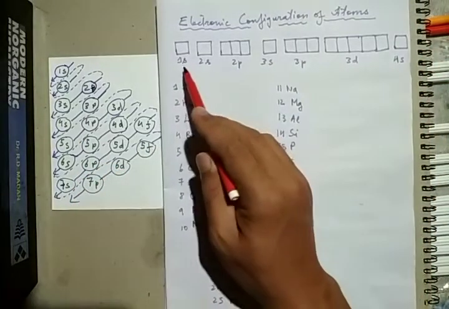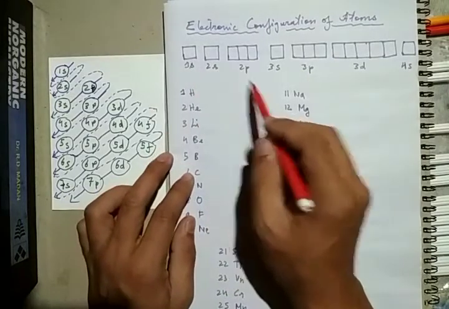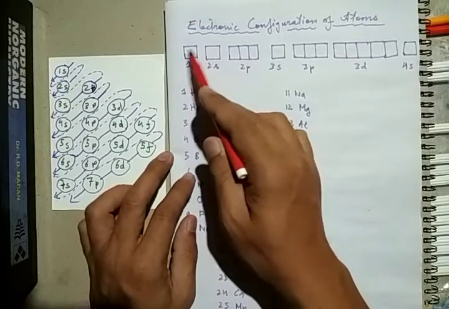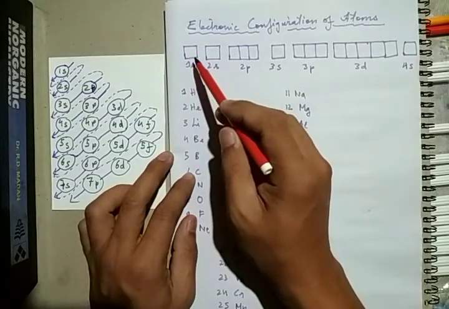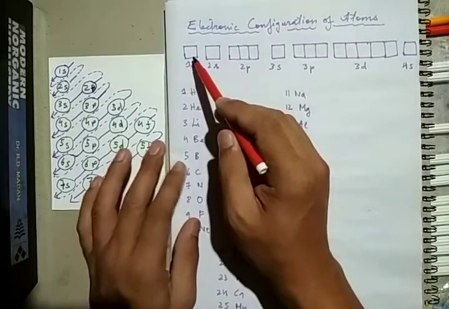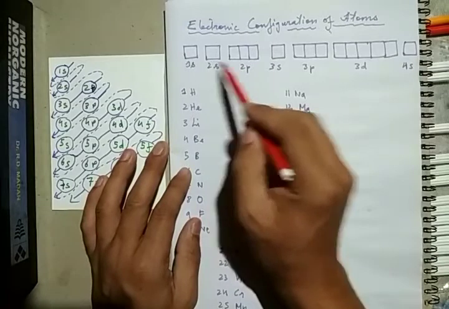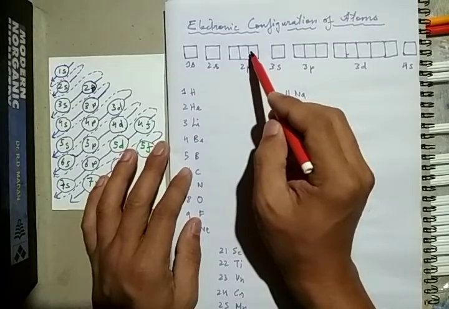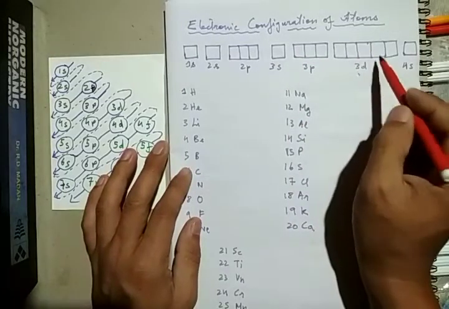So we know the 1s orbital, 2s orbital, 2p orbital, 3s orbital. The s subshell has one orbital, so according to the Pauli exclusion principle, only 2 electrons can be there. p has 3 orbitals, so altogether 6 electrons will be there, and d has 5 orbitals, altogether 10 electrons.